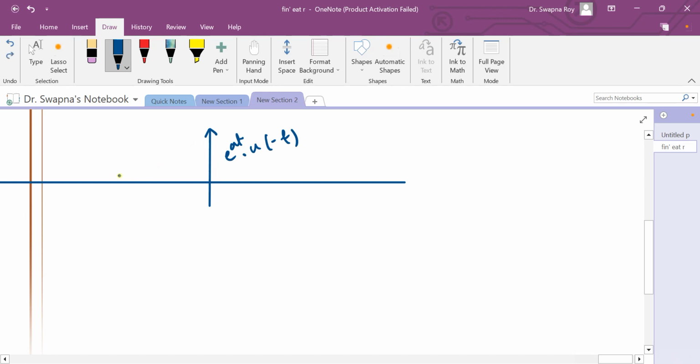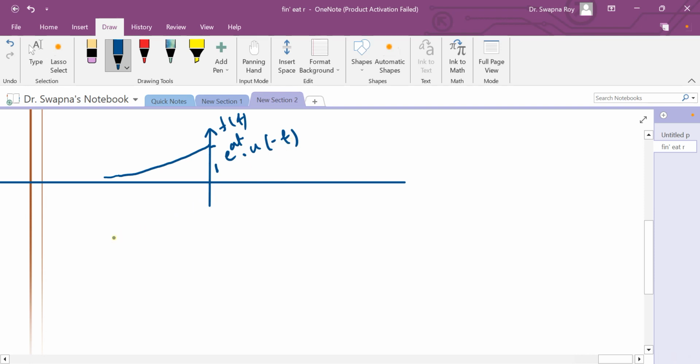It will be rising function, exponential rising function, but up to the magnitude is 1 here. So this function is equal to f of t is equal to e to the power at into u minus t. So we have to find out the Fourier transform.